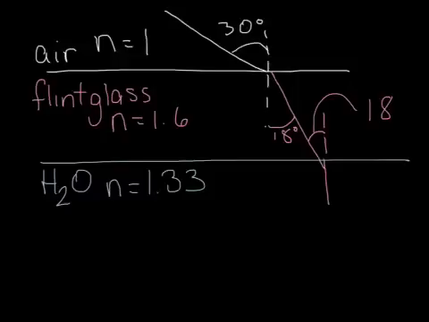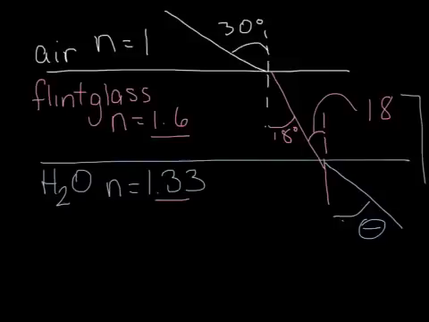And we know that from our index of refraction, this number is bigger than this number, so that means this angle is going to spread out and should be, if we do our math right, bigger. So now we are going to look at this interface. So now our flint glass becomes our N1 and our water becomes our N2.